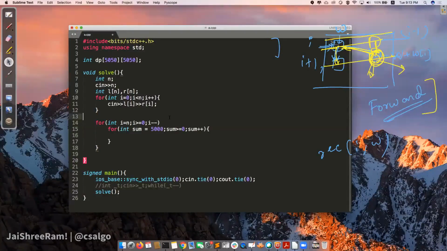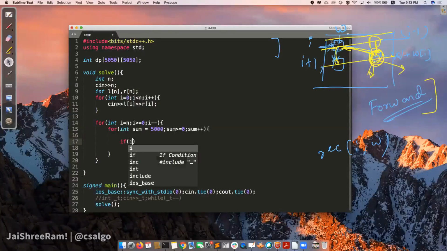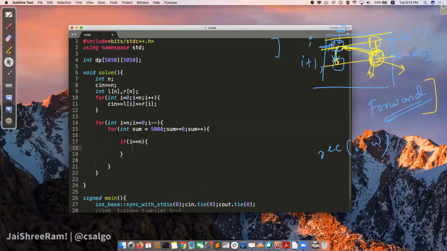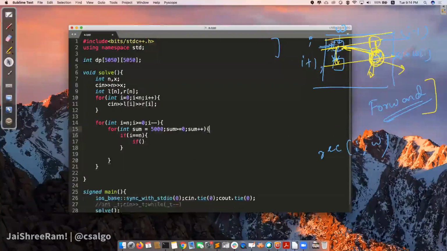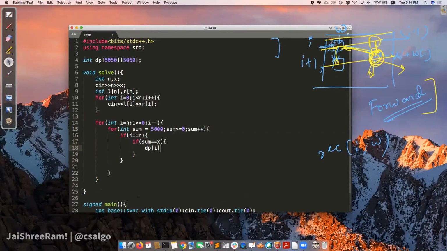This is the looping part. Okay, so now if i is equal to n, then we are done, right? And we are also given some x that we want to find the value at. So if i is equal to n, then some base case values need to be filled in the DP array. If sum is equal to x, then my DP of i comma sum is going to be equal to 1.